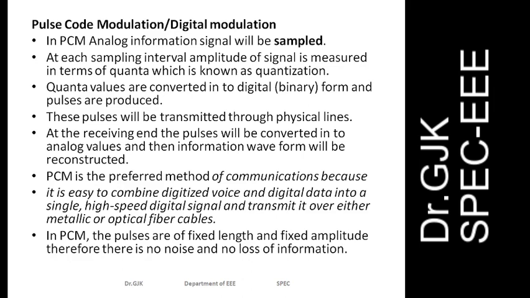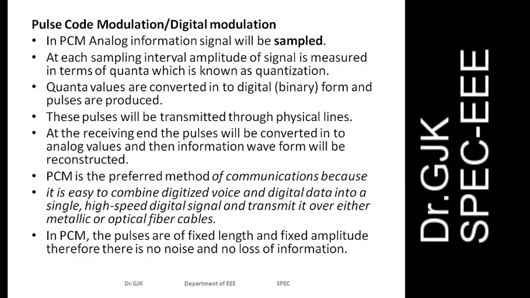Then this x1 number, x2 number, all will be converted into binary form, digital form. Digital form means it will have zeros and ones. Then according to this binary data, at t1 you will get some binary digits or binary bits. According to these binary bits, pulses will be generated again.